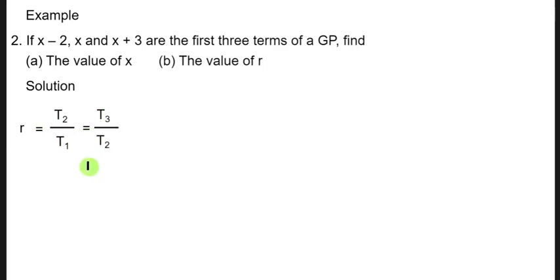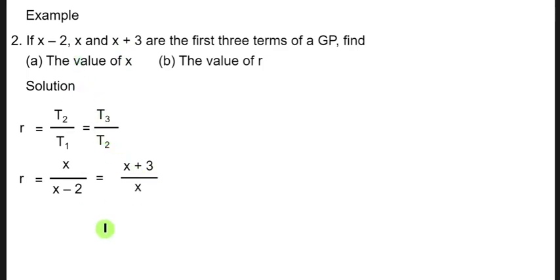So r is equal to T2, which is x, over T1, which is x minus 2, then equals T3, which is x plus 3, over T2, which is x.